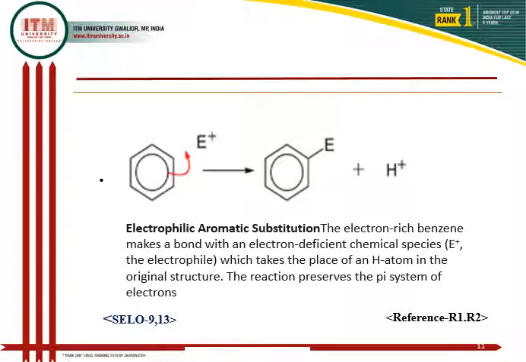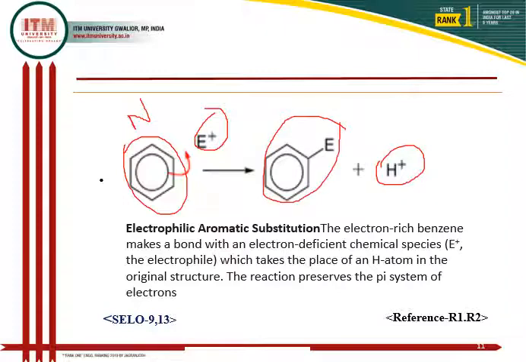So how does the electrophilic substitution reaction take place in the aromatic hydrocarbon? The benzene is acting as a nucleophile here, and the electrophile is represented as E plus, that is an electron deficient species. So this is how the H is displaced from the ring by the electrophile, and the electrophile attaches to the ring, and this is the product which is formed.